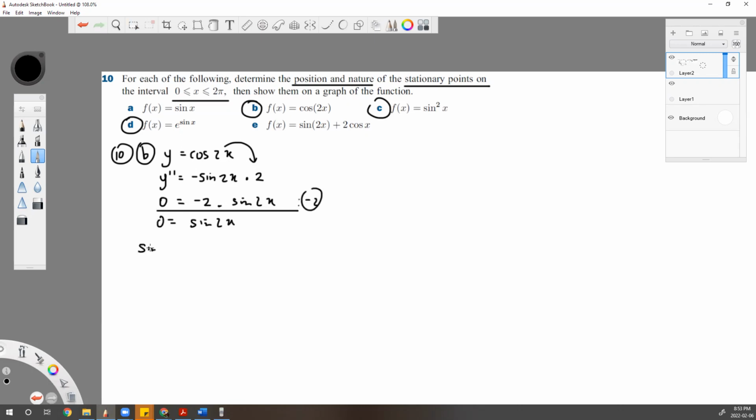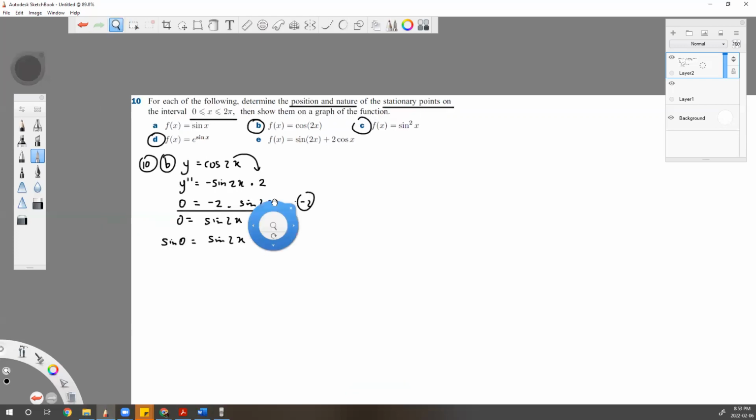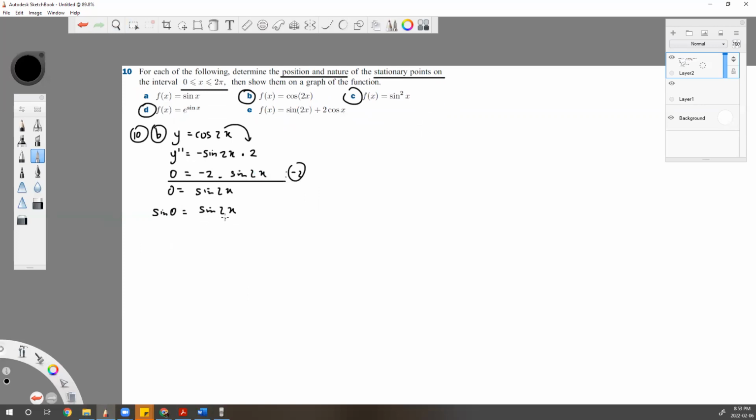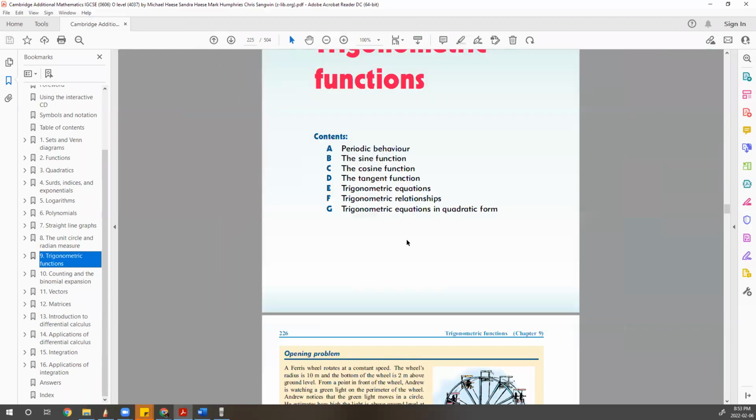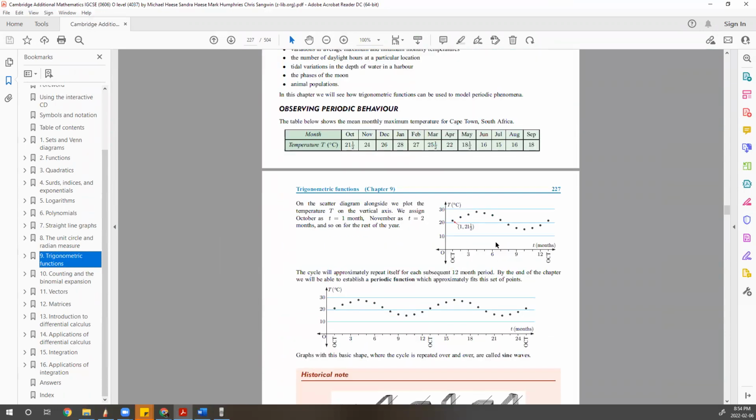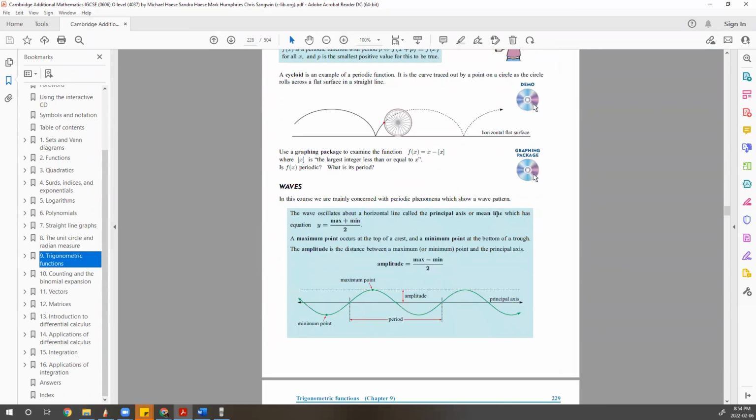Remember, we need the help of the previous logic, the trigonometric equation. Man, I forgot almost everything. There you go, the sine function. The circle thing, remember?